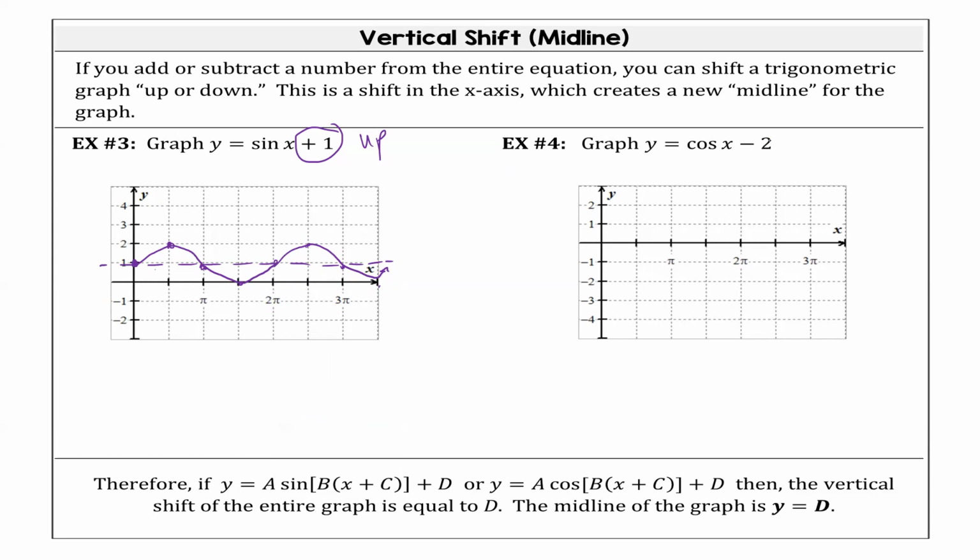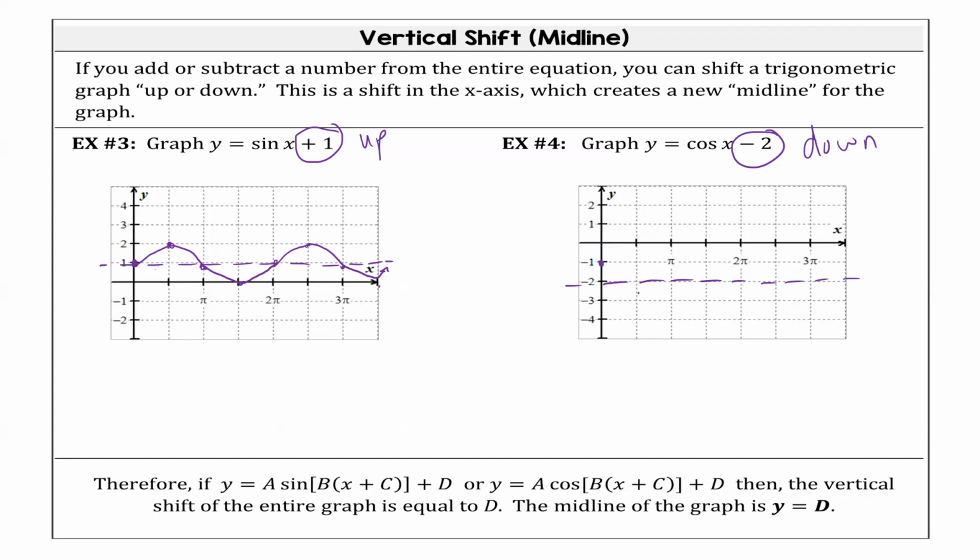And now cosine, we're going to look at cosine with a -2. So that means that our midline is now going down 2 units. So instead of being at the x-axis, we're now at -2. Because we're at -2, that means all of our y values have been shifted down by 2. So instead of at 1, we're at -1.